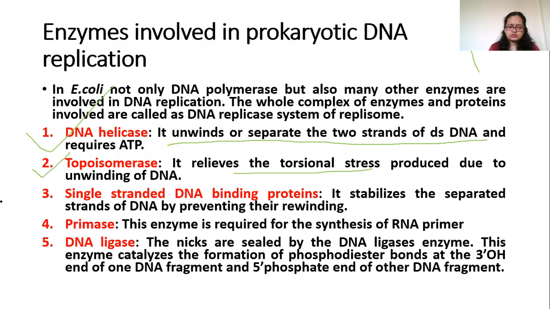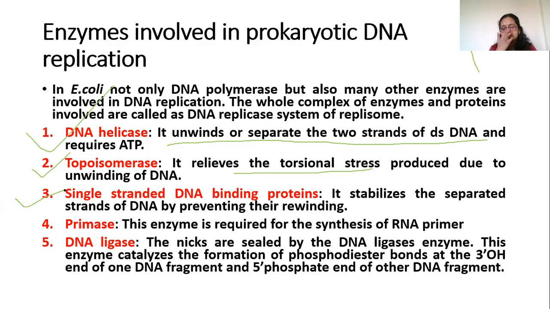Now the third one is single-stranded DNA binding protein. Once the strands are separated, both strands are complementary to their parental DNA strands, and they bind with each other by hydrogen bonding. So to make sure they do not re-anneal, there must be some proteins.